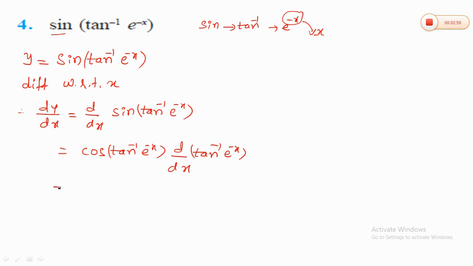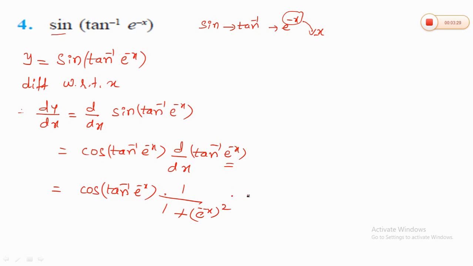So this equals cos of tan inverse of e raised to minus x, this into the derivative of tan inverse, which is 1 upon 1 plus f(x) square, that is 1 upon 1 plus. In case of f(x) it is a composite one, so therefore e raised to minus x is there, e raised to minus x bracket square.